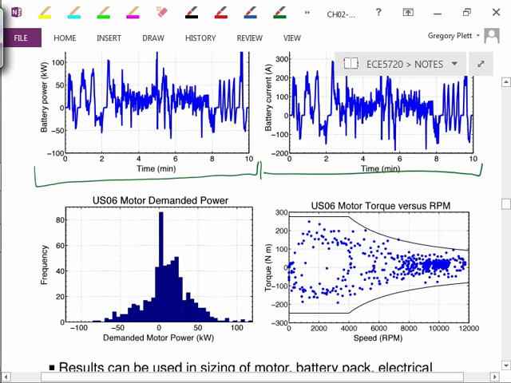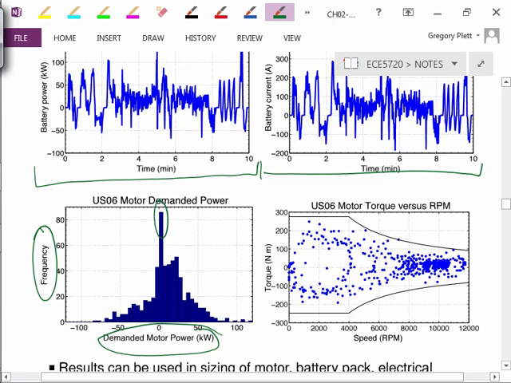We can also look at motor demanded power versus time, which is very exciting, but what might be more exciting is a histogram of motor demanded power, which shows on one axis the power demand, and on the other axis how often, relatively speaking, that amount of power was demanded.